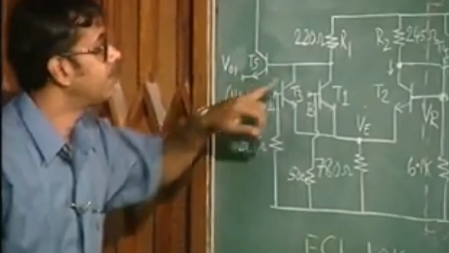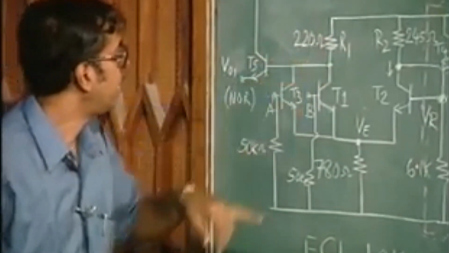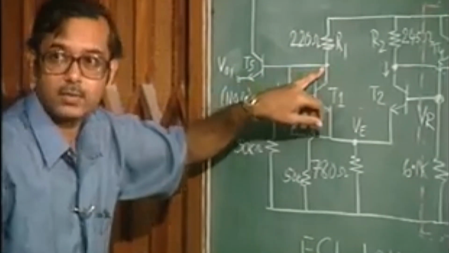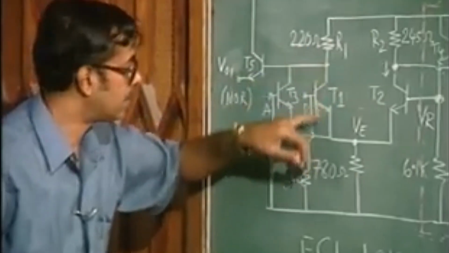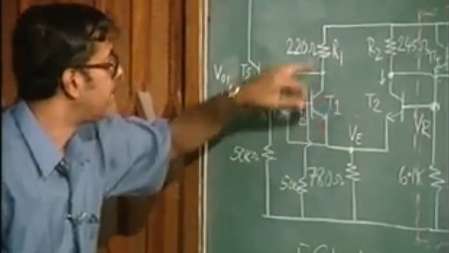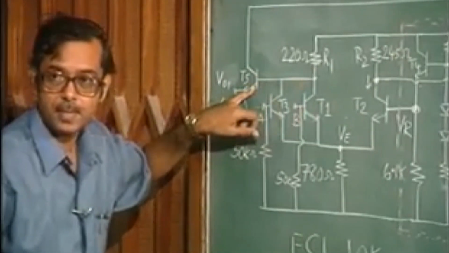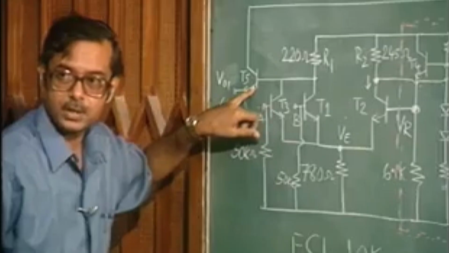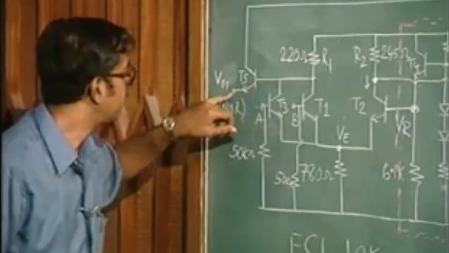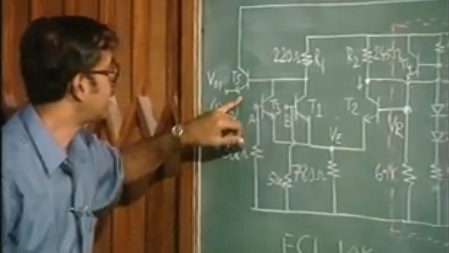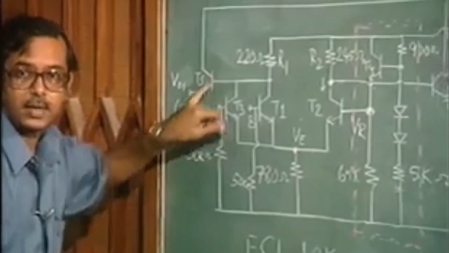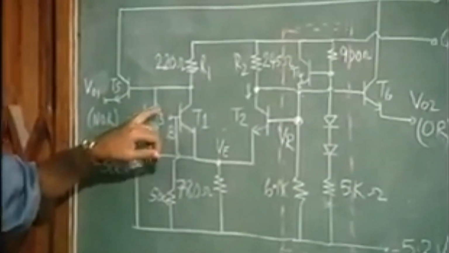Now, normally there is no current flowing here, that is, IC1 is 0. There may be a current flowing which is the base current of T5. That is going to be the emitter current of T5 divided by beta plus 1.